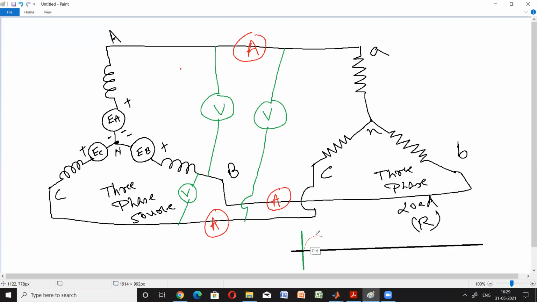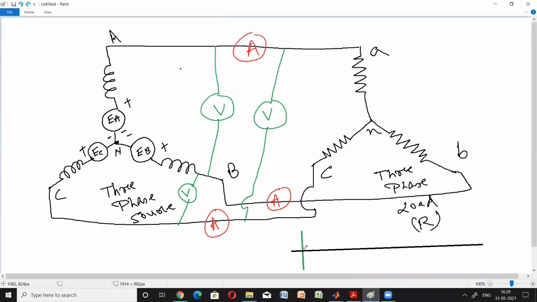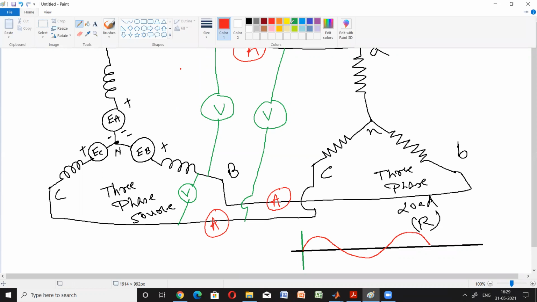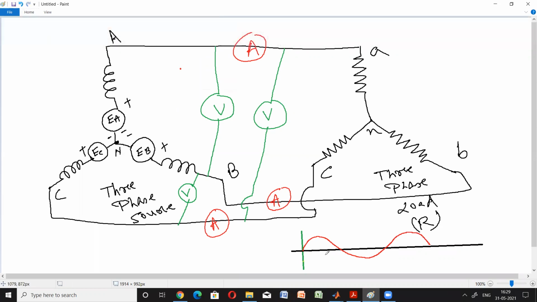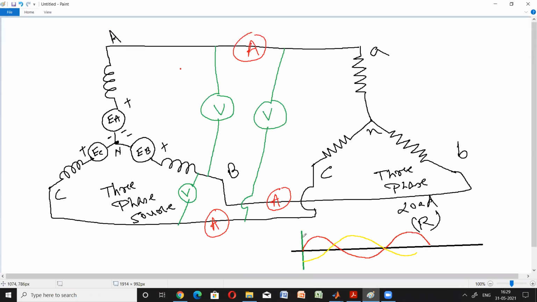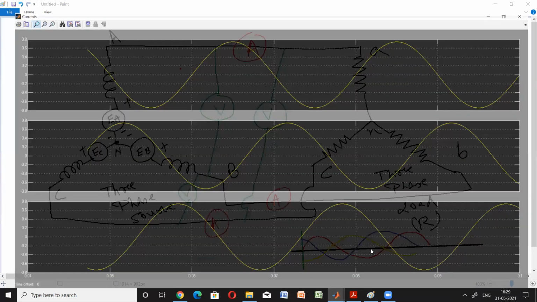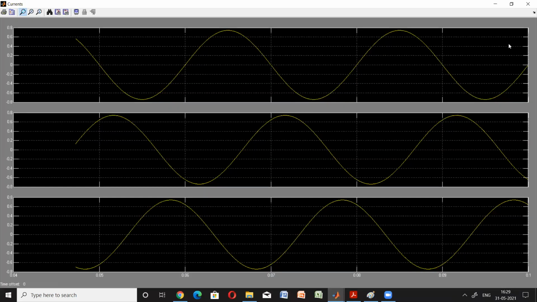Then we have the Y phase, then we have the blue phase, isn't it? So this is basically the three-phase waveform that we know, but here we are getting the different waveforms in different domains.